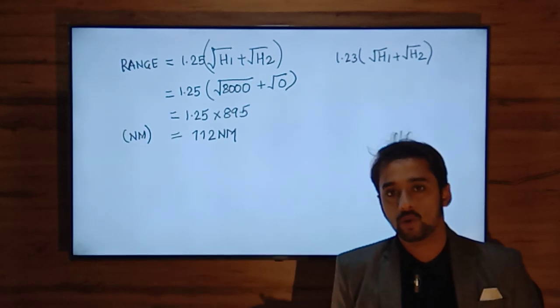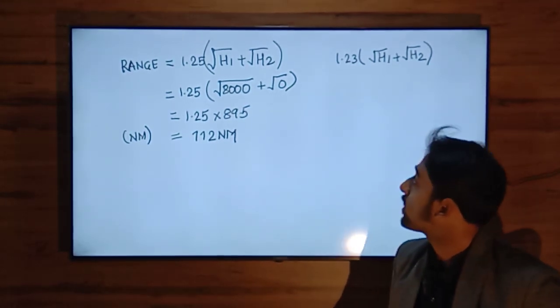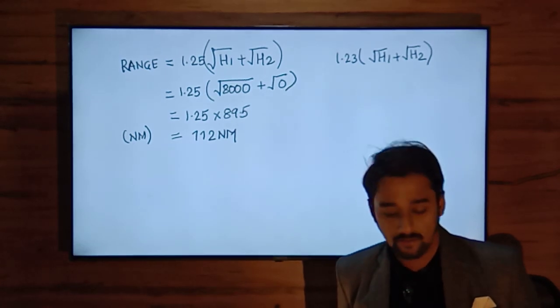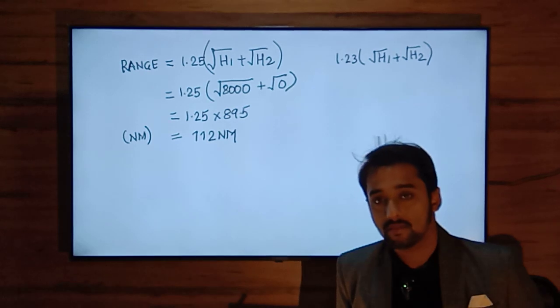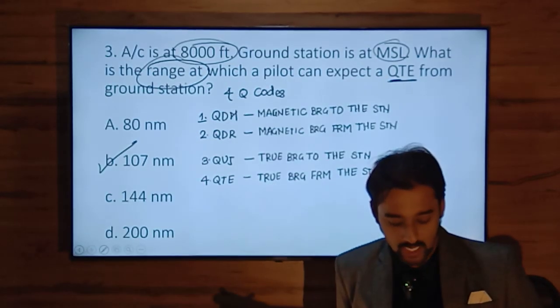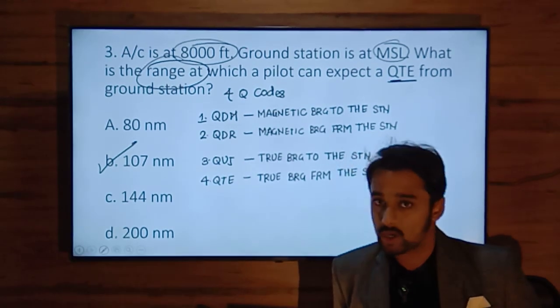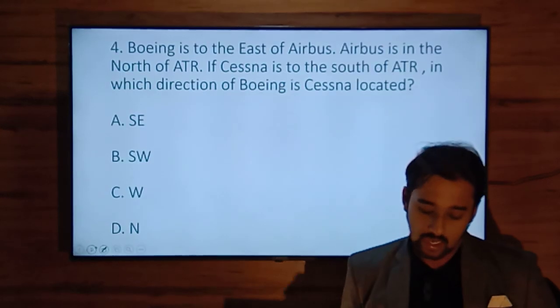There won't be much difference in your final answer because the difference between 1.25 and 1.23 is negligible. So this is the formula. Substitute the values, multiply carefully, and then find the closest option, or sometimes you also get the accurate option in the question. Let's go to question number 4.